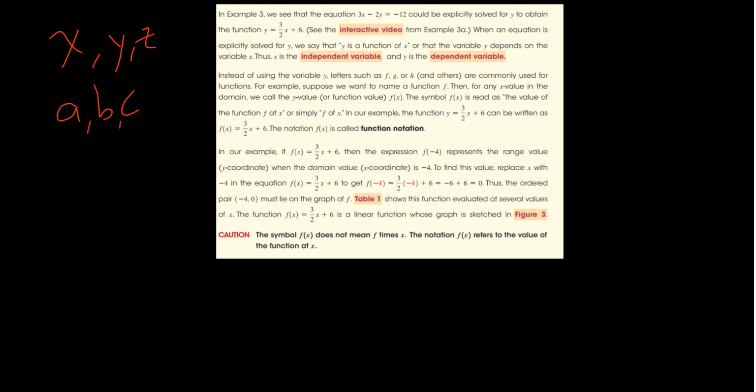These are variables standing for a number, right? What we're going to do now is call these functions a name. The base name is f. That is the base name of the function, or maybe the default name, just as the default variable is x.